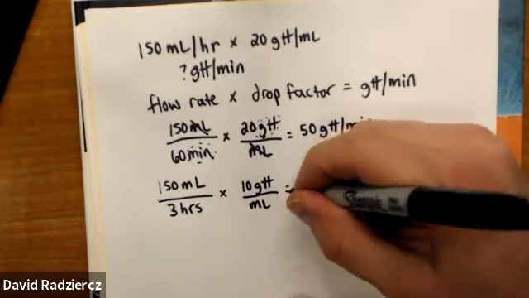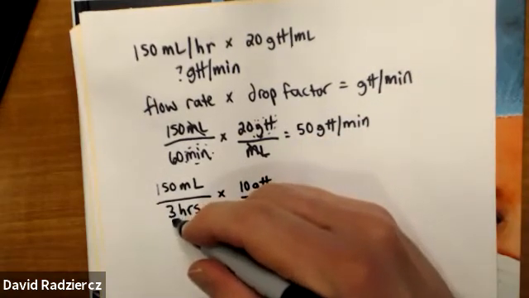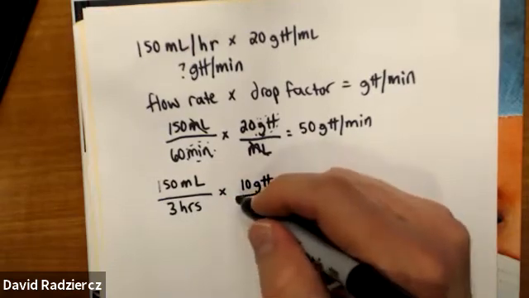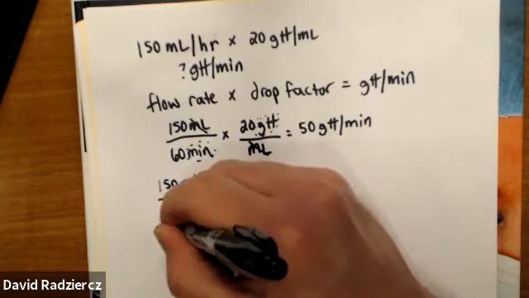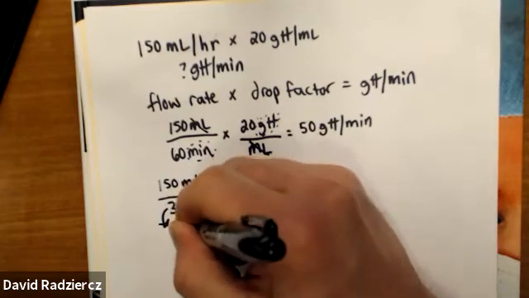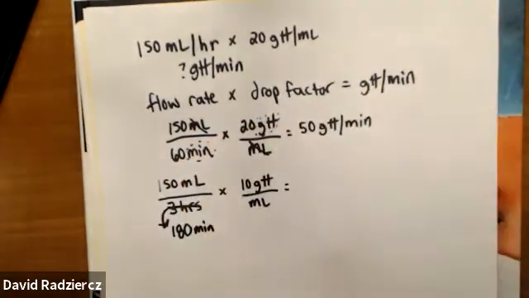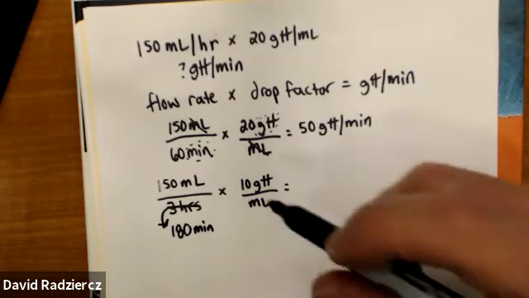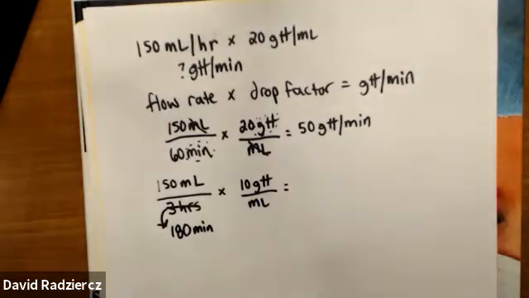Now, one of the things you want to do is convert hours to minutes. You could do that in a dimensional analysis way, or you could just take 3 times 60, which is 180 minutes. So if we ignore the 3 hours and convert that to 180 minutes, now we're done with any kind of conversions. And all we've got to do is take 150 times 10 divided by 180. And let's see what we get.